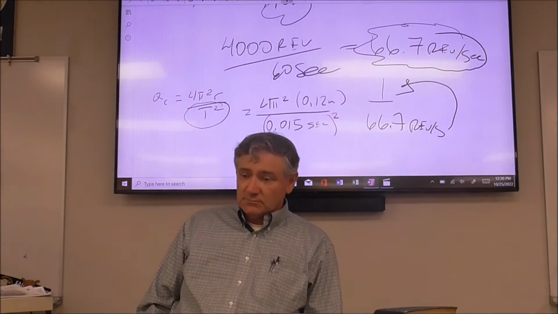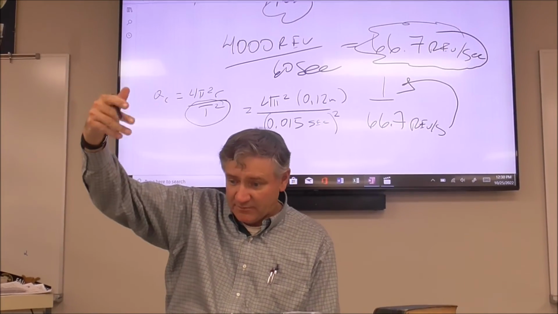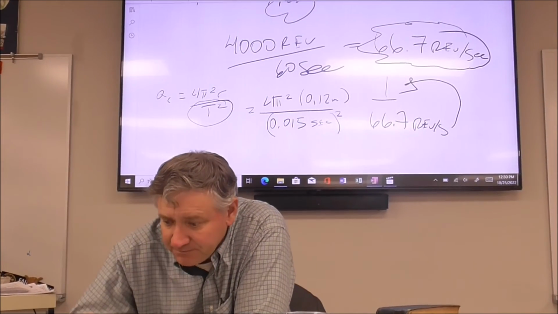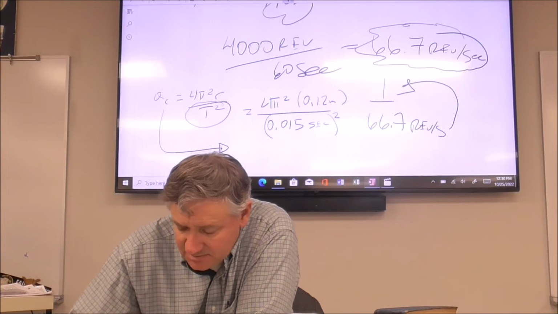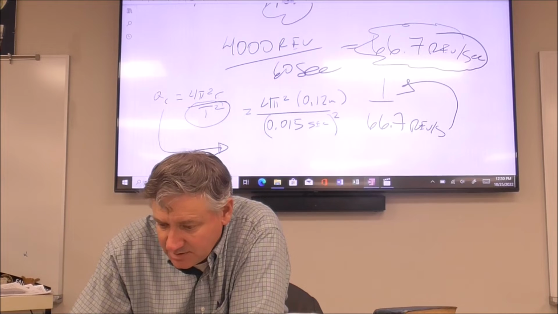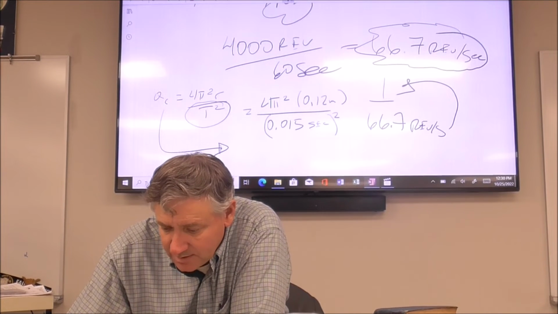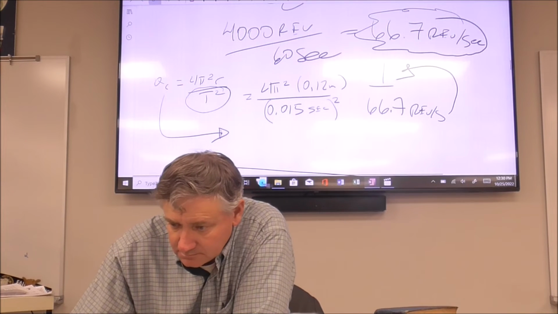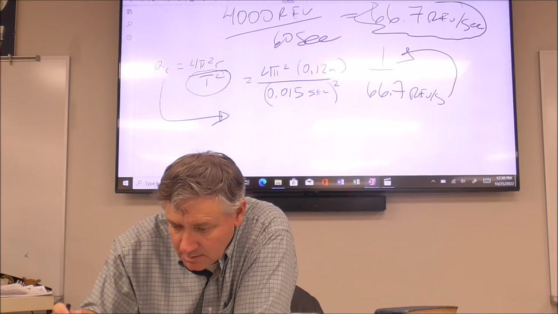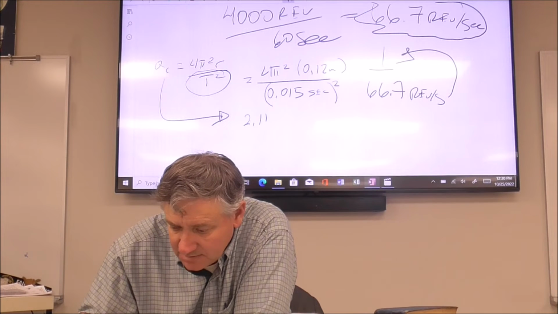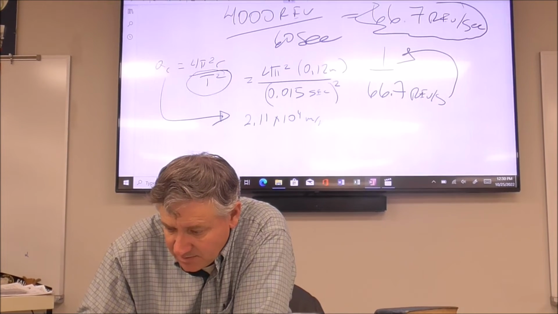Or you can just take the inverse of 60 and divide it by 4,000 and get that too. So let me know when you get what you get out of this calculation. Take 4 pi squared times 0.012 and divide it by 0.015 squared. 2.11 e to the 4. 2.11 times 10 to the 4th? Yeah. Meters per second squared.